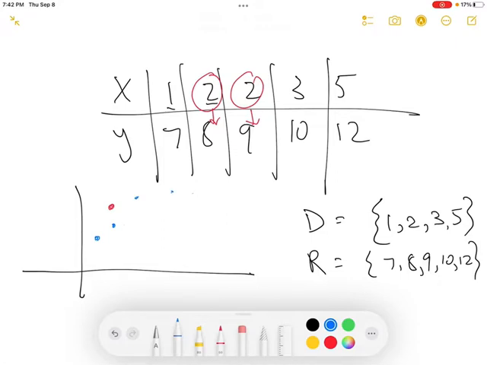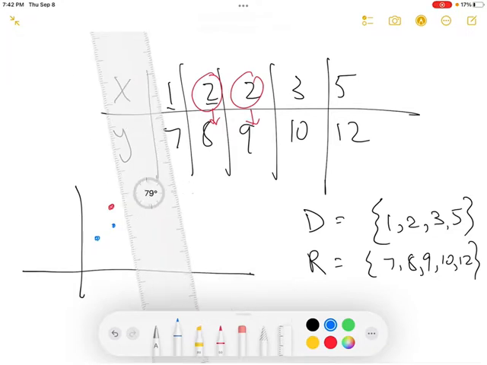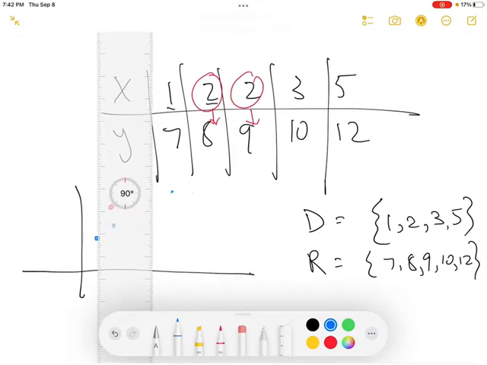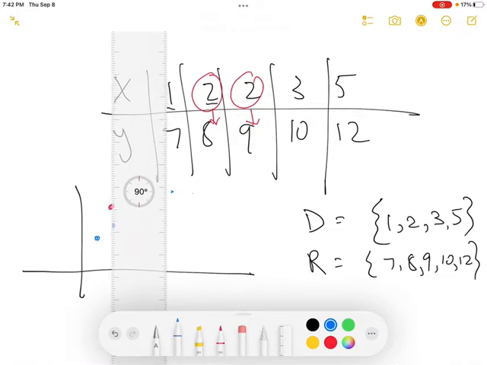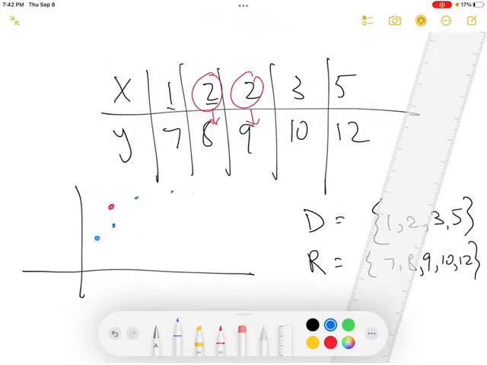So using the vertical line test, if I get my ruler here, my vertical line, this satisfies the vertical line test. These points, though, violate it because the same x value will give me 2 different y values. The x value is 2, I get 2 different y values, so that would not be a function.